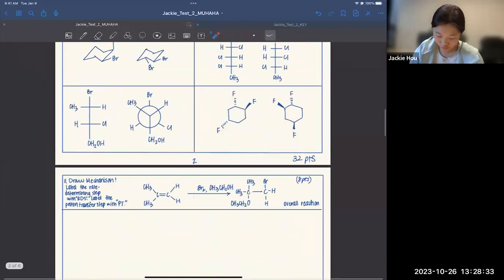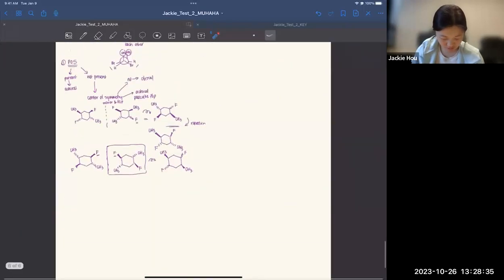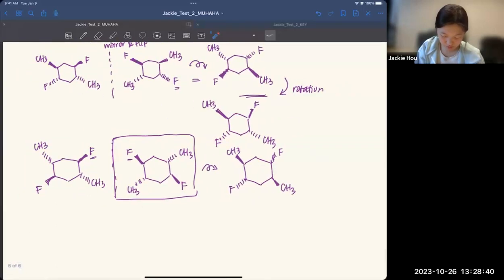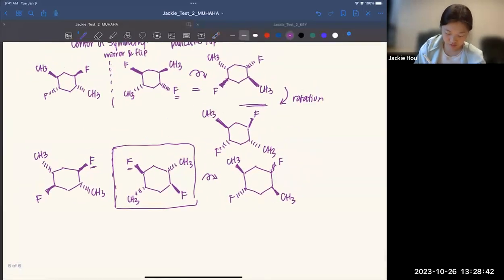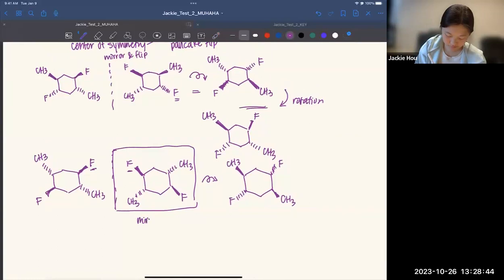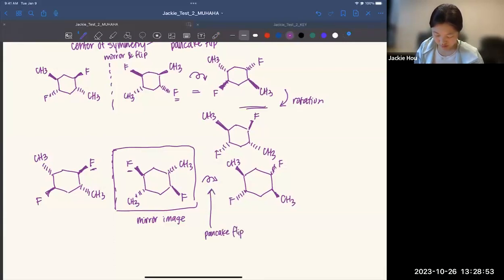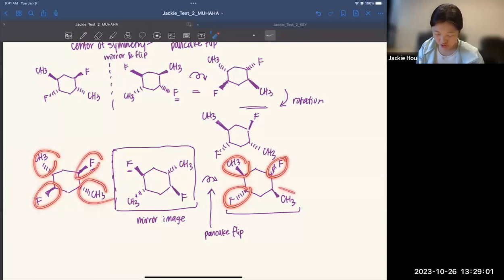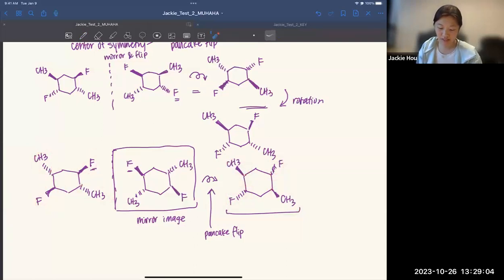And we also went over the swapping flip method with this one over here. So we can tell that the mirror image, once I draw my mirror image over here, and then I do a pancake flip, right? We're gonna have this compound and each of the stereocenters are flipped, meaning that this mirror image is non-superimposable, meaning that it is chiral.